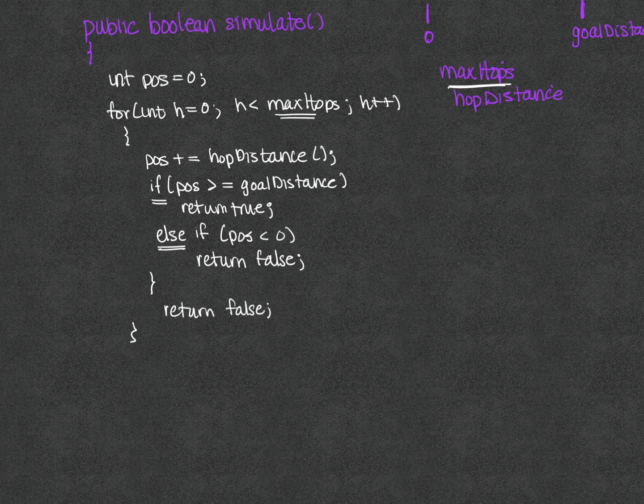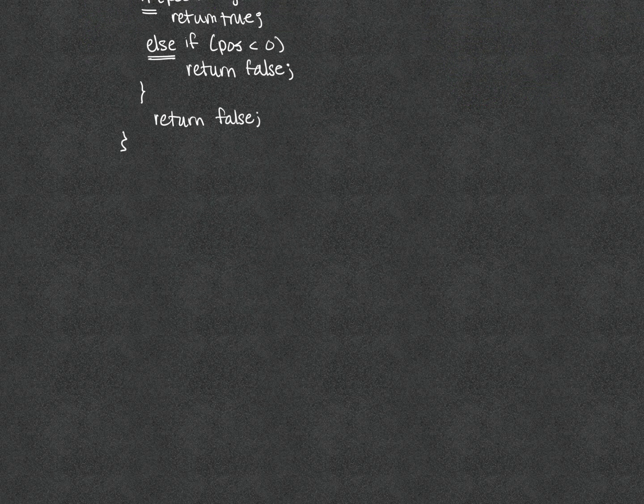Okay, so the second part of this problem is we're going to run simulate several times and keep track of the proportion, the decimal equivalent, that the frog succeeded.